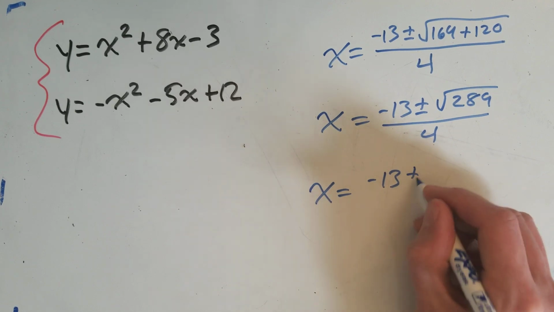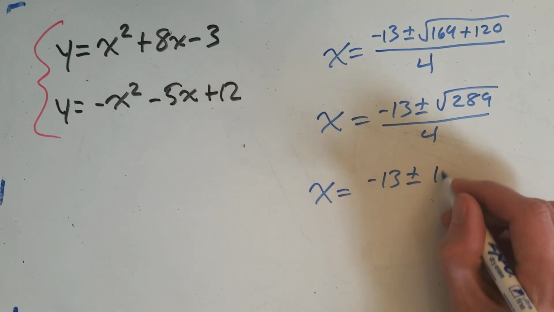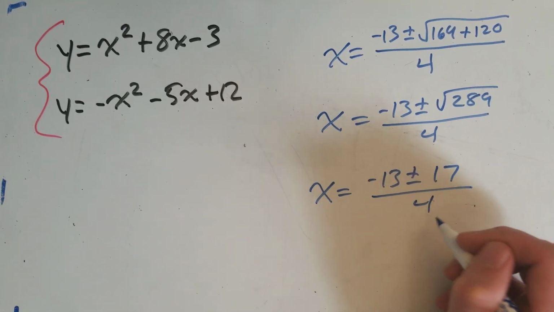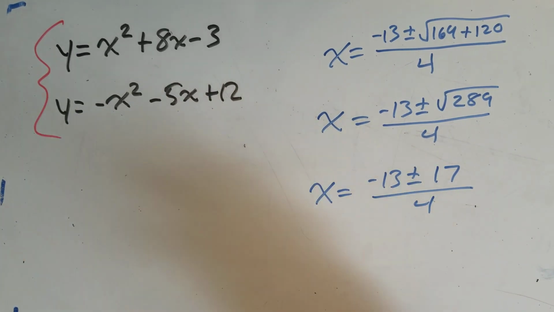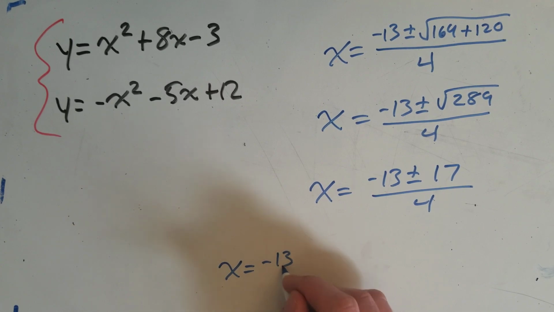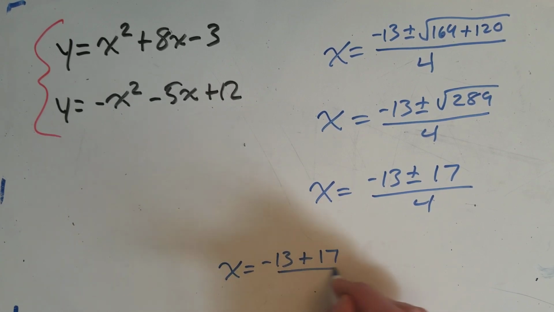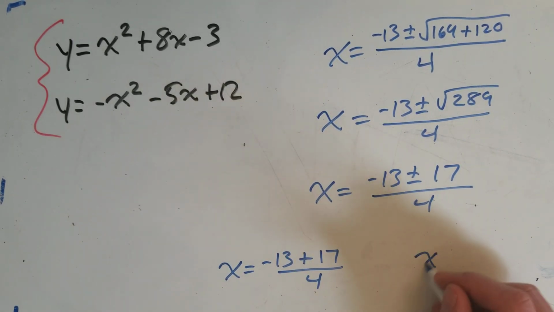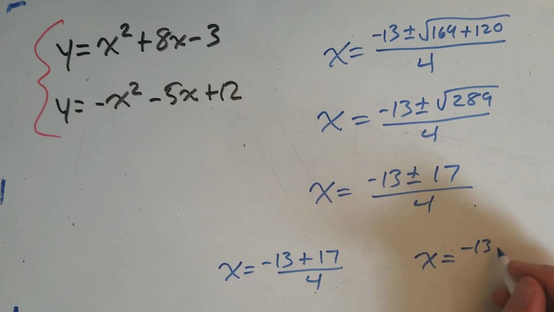It is 17. So we have plus or minus 17 all over 4. So we have two possibilities here. We have the possibility that x is -13 plus 17 over 4, and we have the possibility that x is -13 minus 17 over 4.